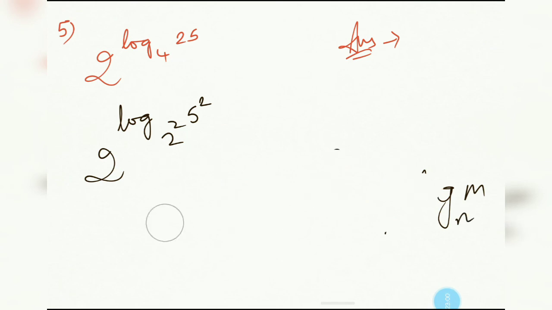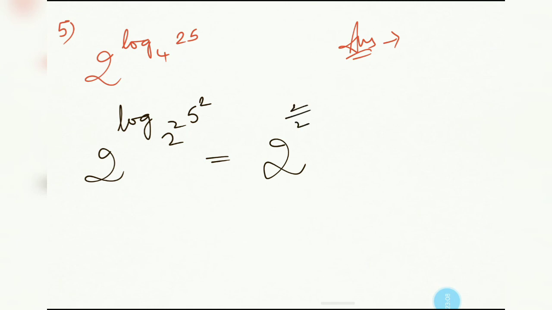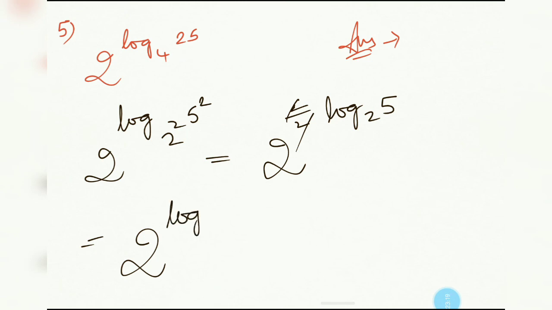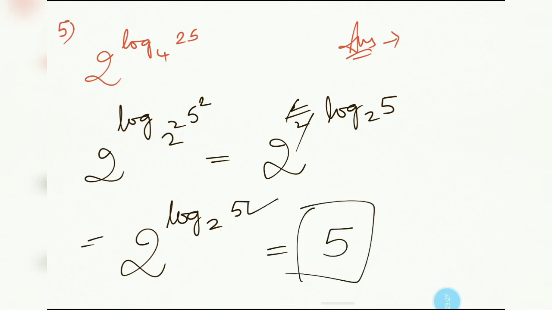So this is equal to 2 to the power 2 by 2, because both are the same, right? 2's only. Log 5 to the base 2. Now 2 and 2 will get cancelled and it will become 1. So 2 to the power log 5 to the base 2. Now this 2 and this 2 are the same, right? So the answer is 5. Just this one you will write as the answer.